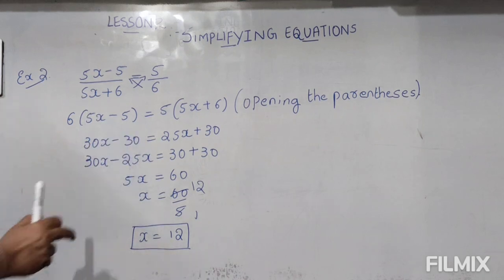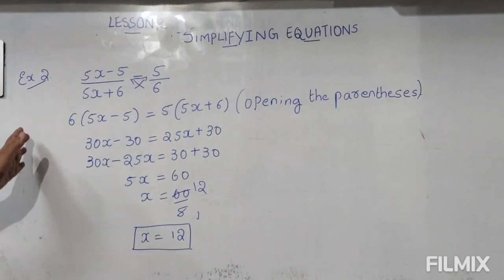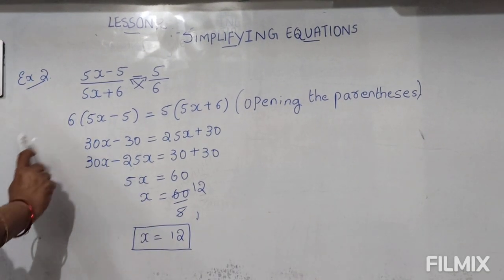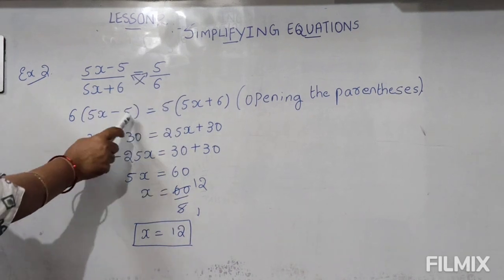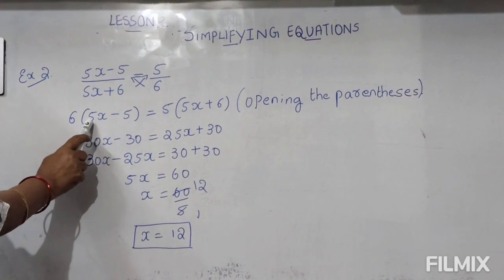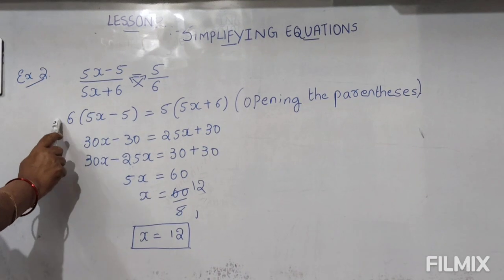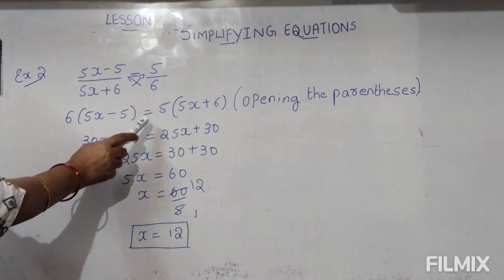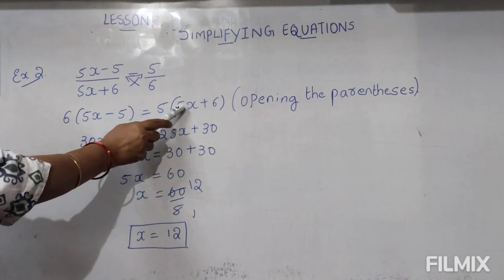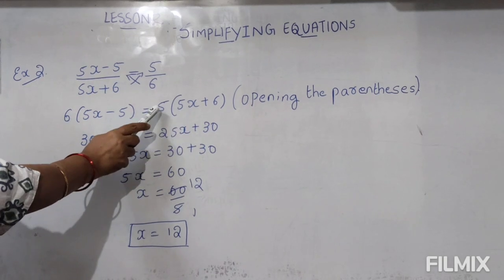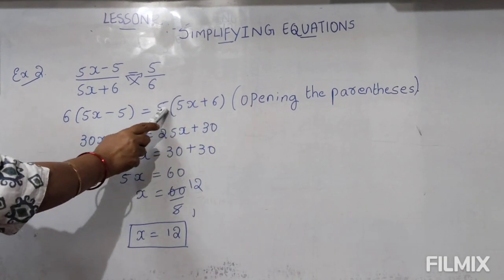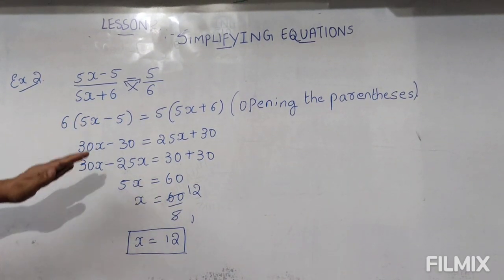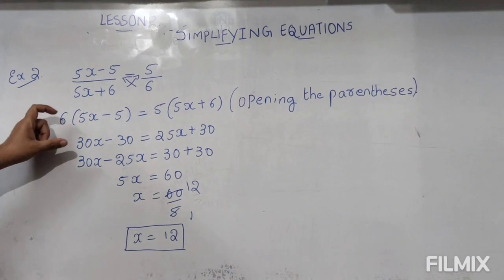That small bracket, as I told you in the BODMAS rule, is also called parenthesis. After cross multiplying everything, 6 5s are 30x, minus into minus, 6 5s are 30, equals 5 5s are 25x, plus into plus is plus, 5 6s are 30. So I have removed the parenthesis there. Parenthesis means the small brackets.